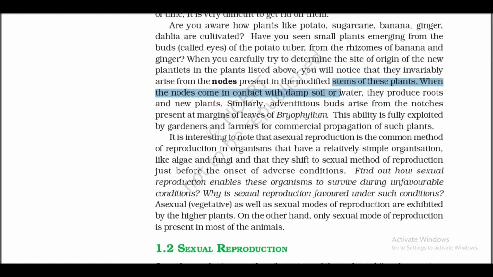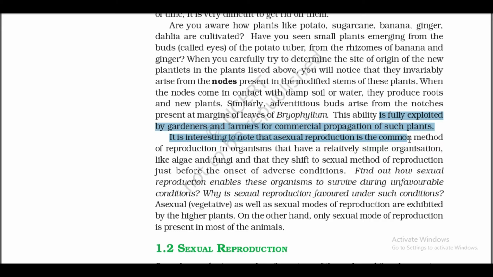When the nodes come in contact with damp soil or water, they produce roots and new plants. Similarly, adventitious buds arise from the notches present at margins of leaves of Bryophyllum. This ability is fully exploited by gardeners and farmers for commercial propagation of such plants.